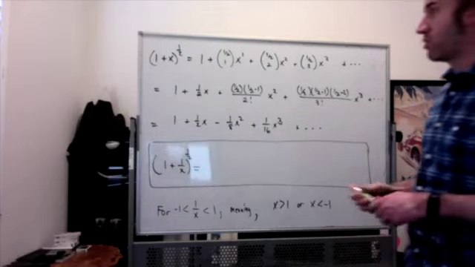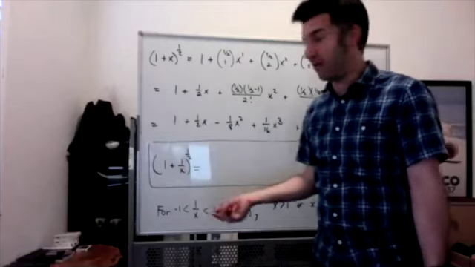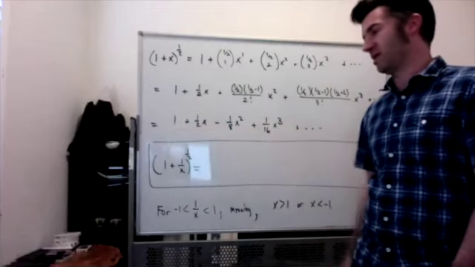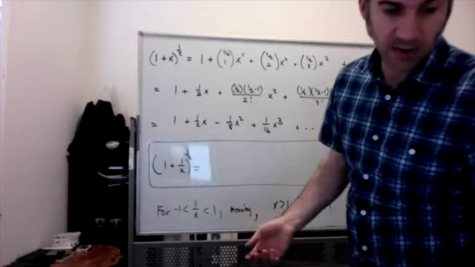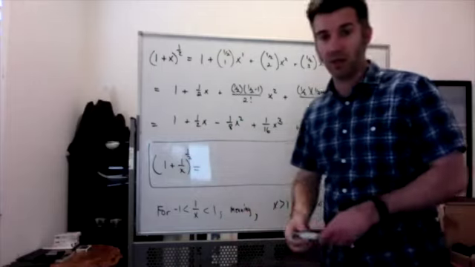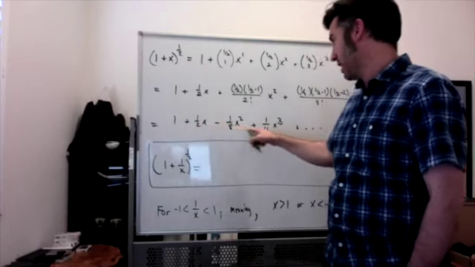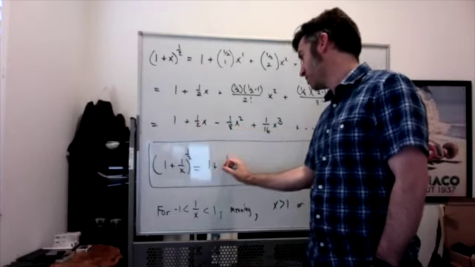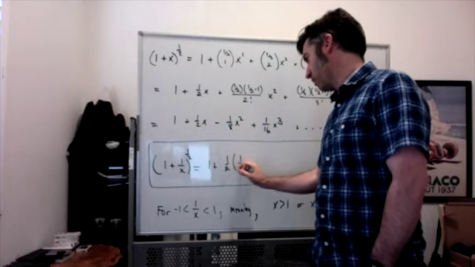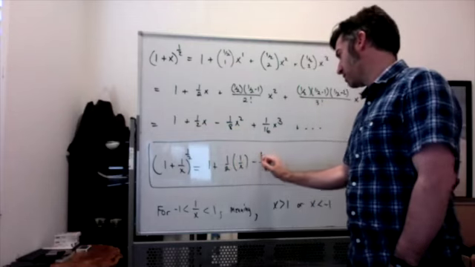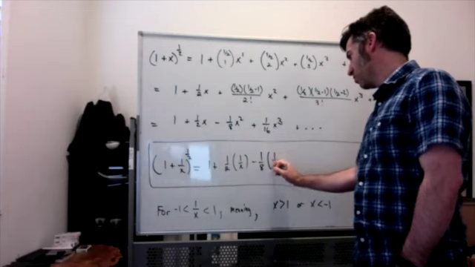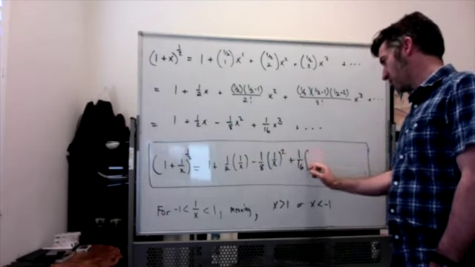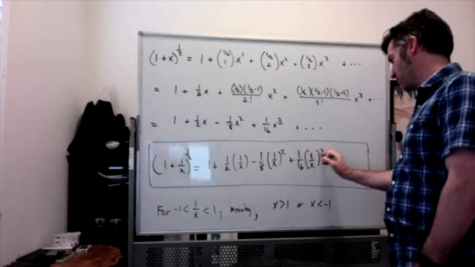So the first 4 terms of (1 + x)^(1/2) is 1 plus 1/2 x minus 1/8 x squared plus 1/16 x cubed. And now to figure out what (1 + 1/x)^(1/2) is, we're just taking each of these x's and replacing them with 1 over x's. So this is going to be 1 plus 1/2 times 1 over x minus 1/8 times 1 over x squared plus 1/16 times 1 over x cubed.